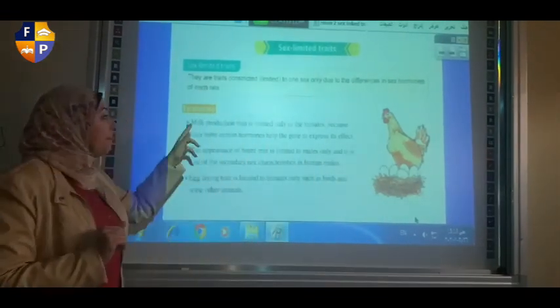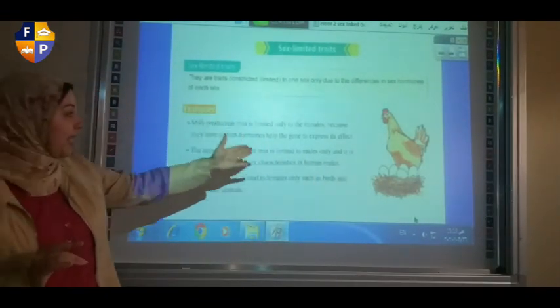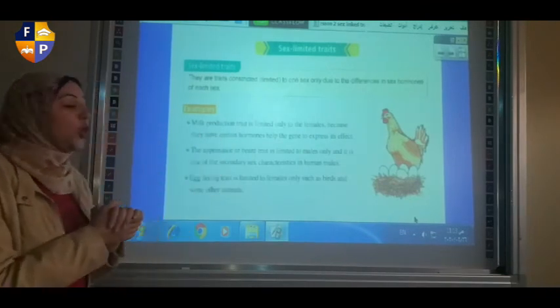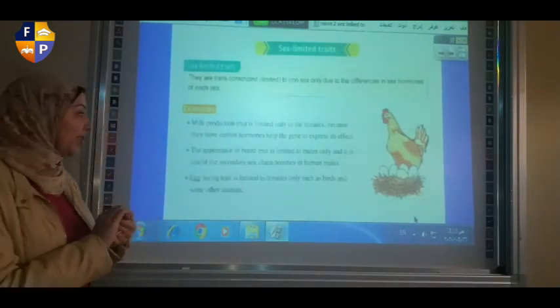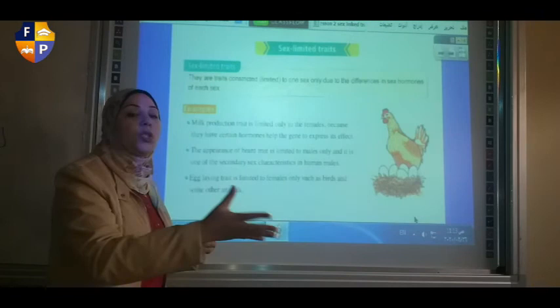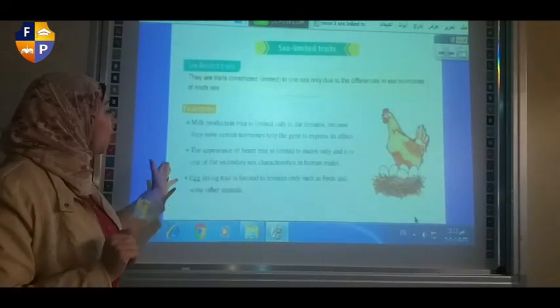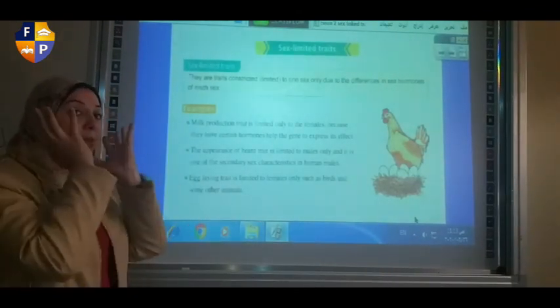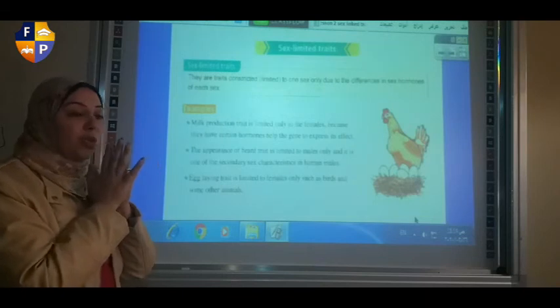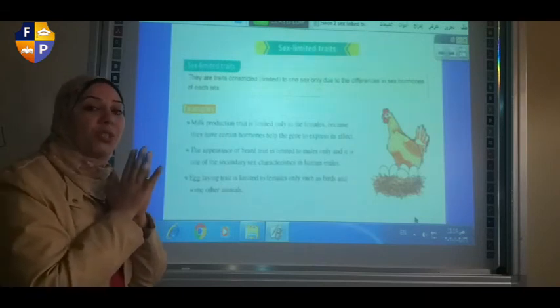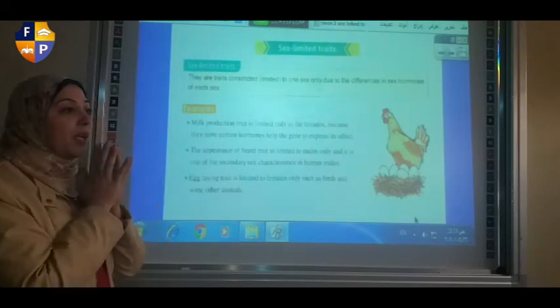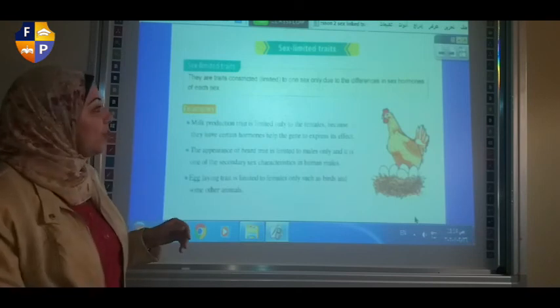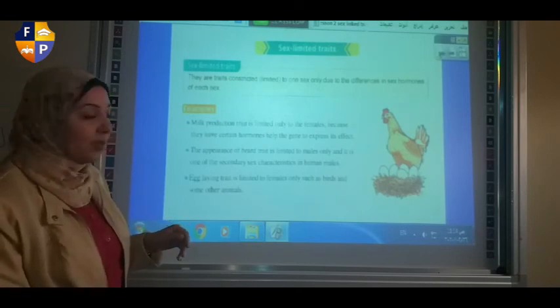Like also milk production in females, not in males, due to the presence of certain hormones which help the gene to express itself. And also the appearance of a beard in males only, not in females, due to the effect of the sex hormone called testosterone. Okay?